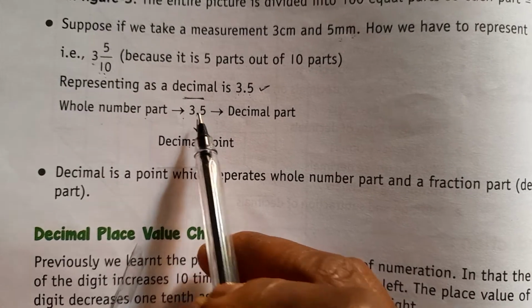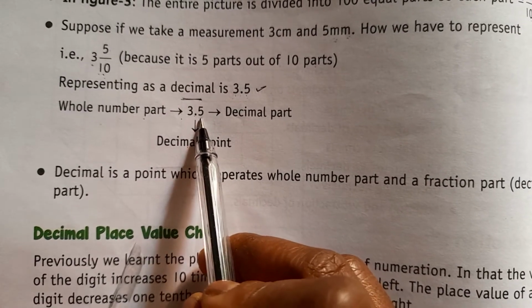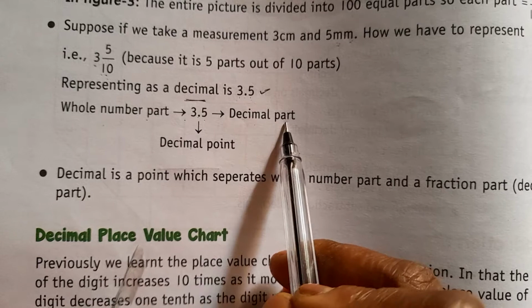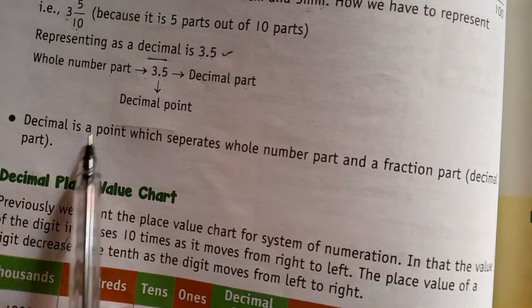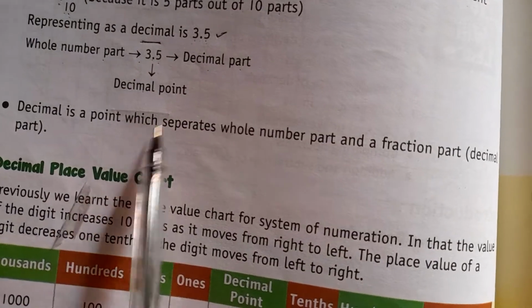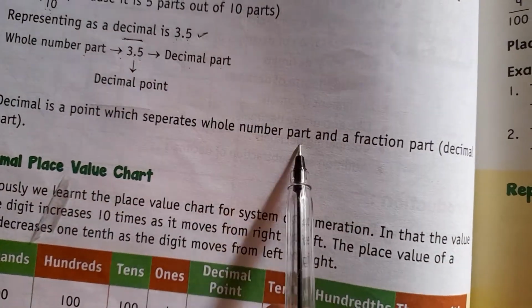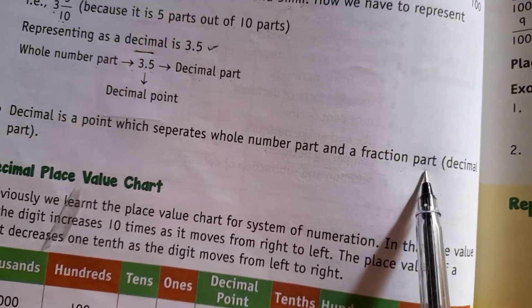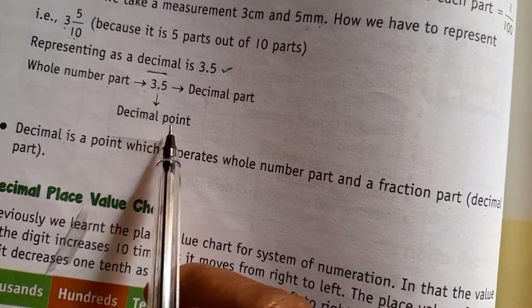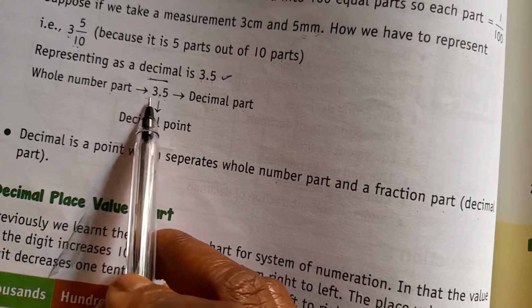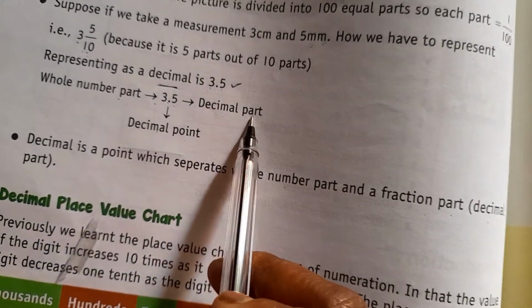After the decimal point, the number which is there is called the decimal part. Decimal is a point which separates the whole number part and the fraction part, that is the decimal part. Now children, this decimal point will separate the whole number and the decimal part.